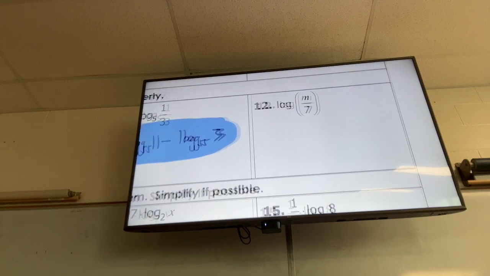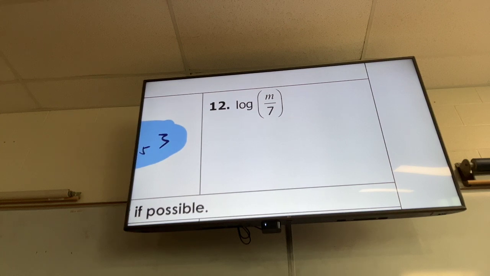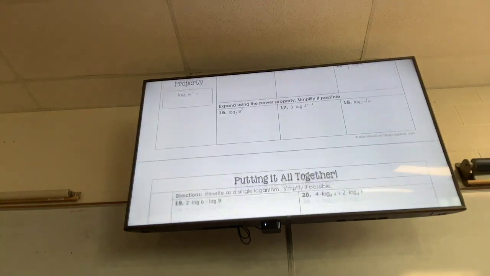And then 12, what is that going to split up into?